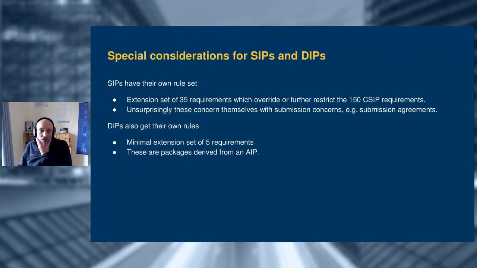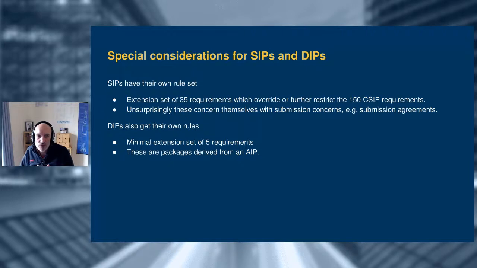The CSIP provides roughly 130 rules, but then there are 150 requirements, and there is a special set of restrictions for SIPs. They have an extension set of 35 requirements, which override some of and further restrict the 150 CSIP requirements. Unsurprisingly, these concern submission concerns, things like submission agreements and data.